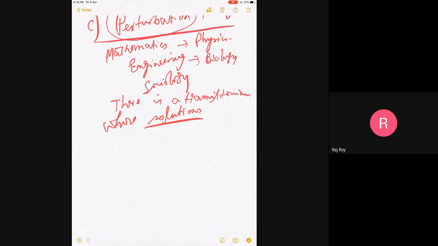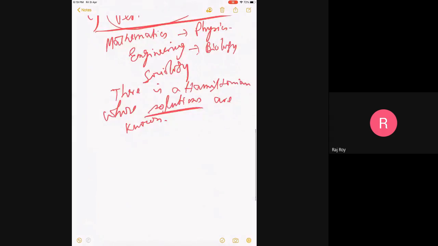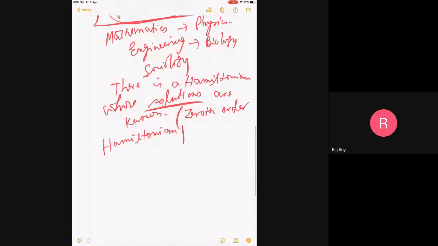Please understand, whenever I'm saying solutions, that means it's eigenvalue equations. This will be called the 0th order Hamiltonian. I hope you immediately understand what we call 0th order. That means this is the Hamiltonian with which we will make a start. The feature of this Hamiltonian is that its solutions are all known.